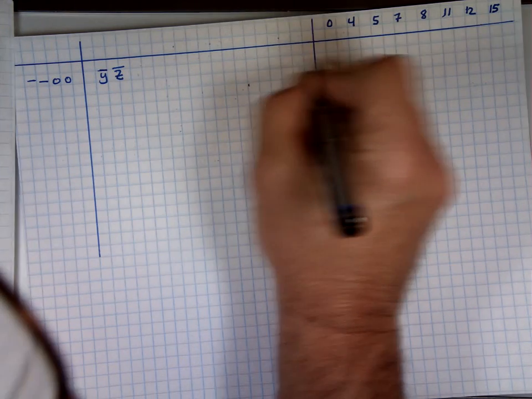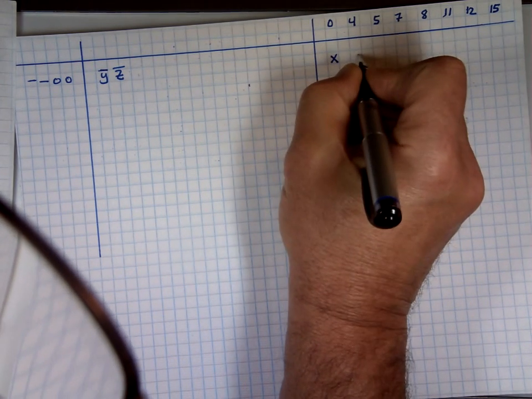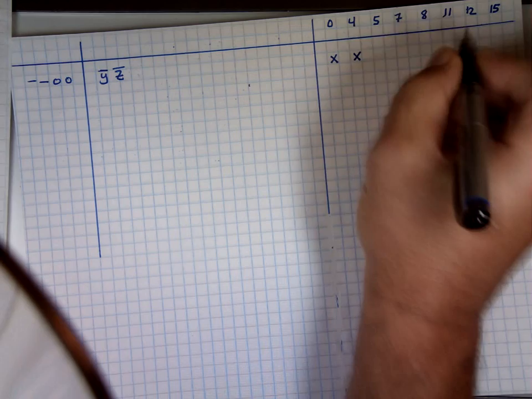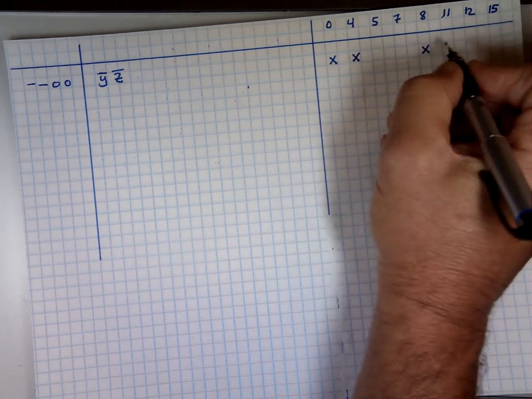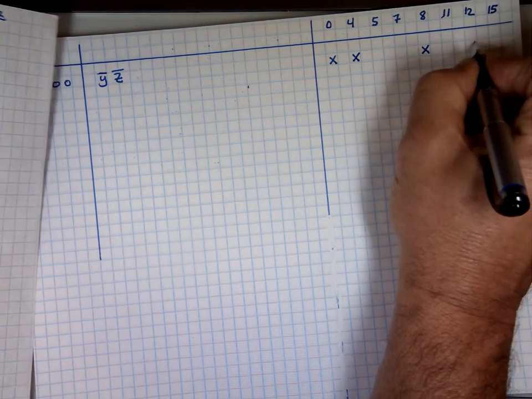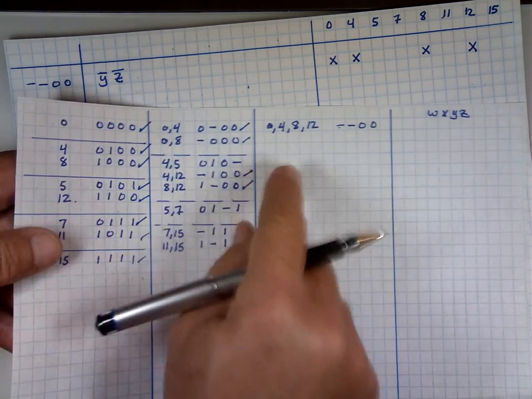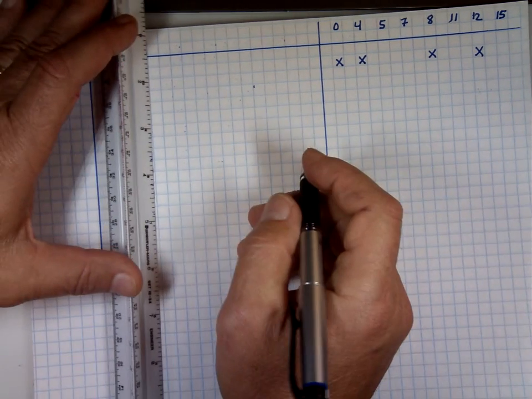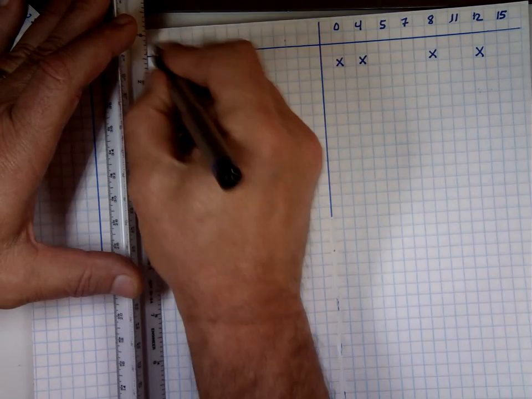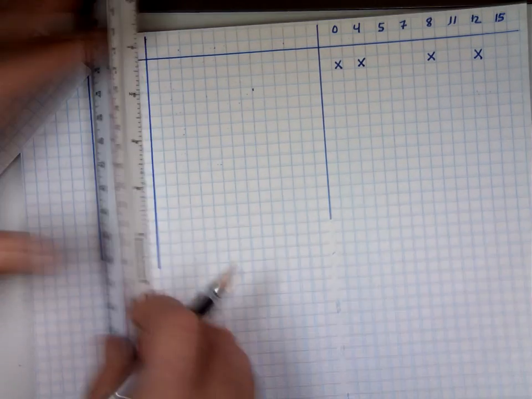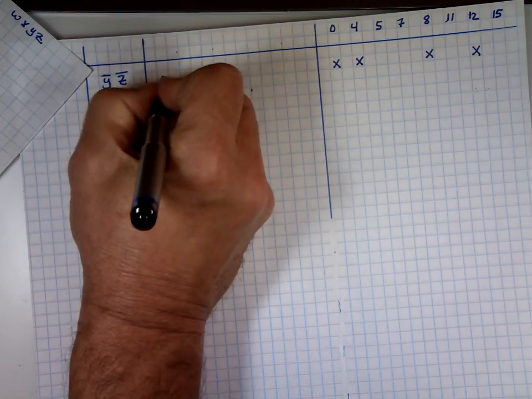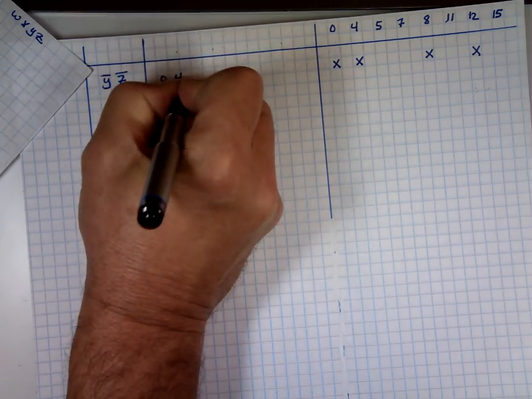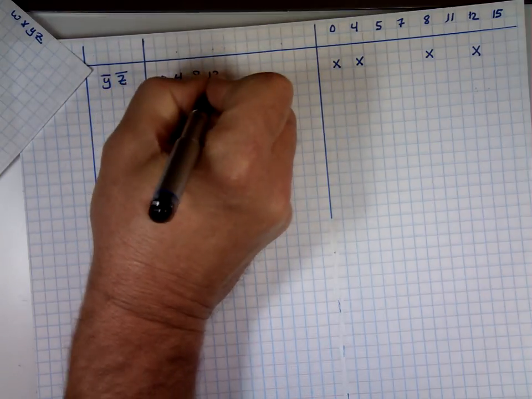Let's go to 4, put X. Let's go to 8, put X. And the number 12. I can write 0, 4, 8, 12 right next to it. That might be a good idea. So this is covering 0, 4, 8, and 12.